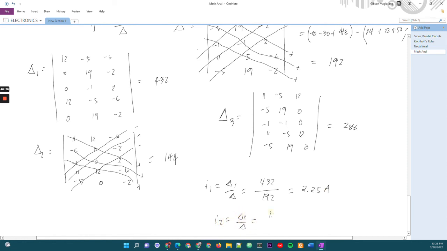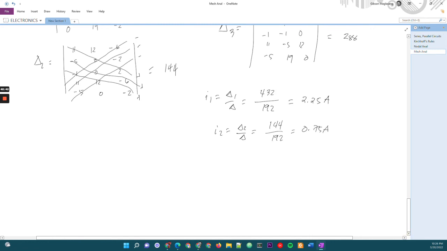So this is 144 over 192. You get 0.75 amp. Okay. And then for I3, we have delta 3 over delta. This is 288 over 192. This is 1.5 amp. Okay, we'll determine I1, I2, and I3.